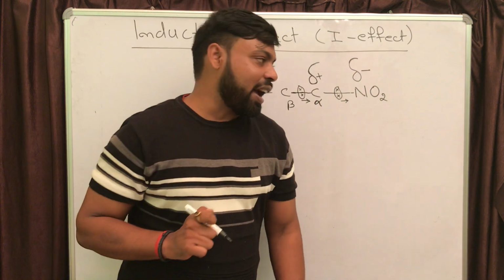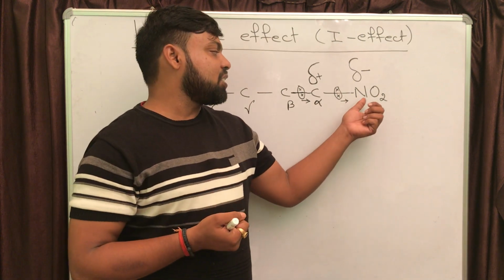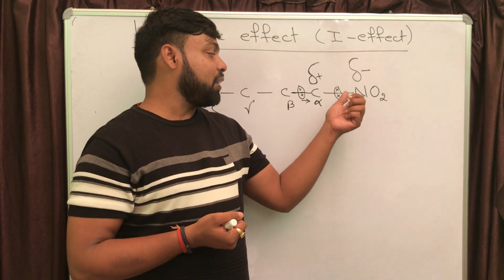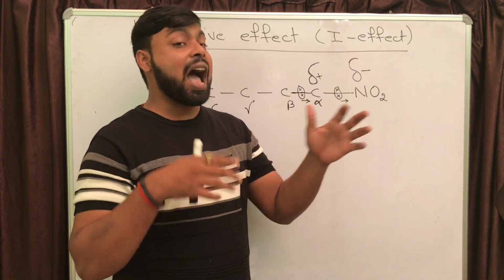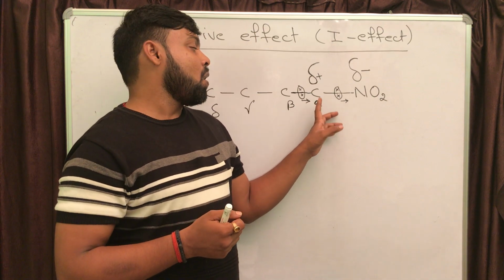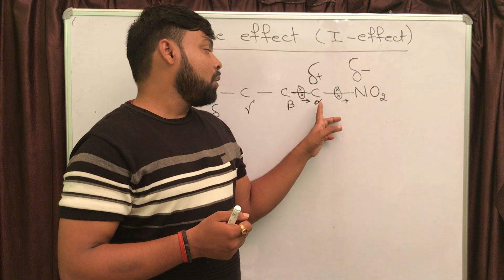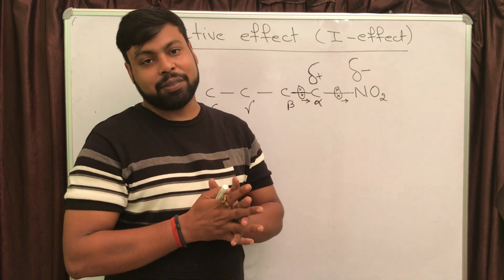Definitely one thing we know, that the electron pulling power of nitrogen, between the alpha carbon and nitrogen atom, is more as compared to the electron pulling power of the alpha carbon on the bond pair electron between alpha and beta, right?